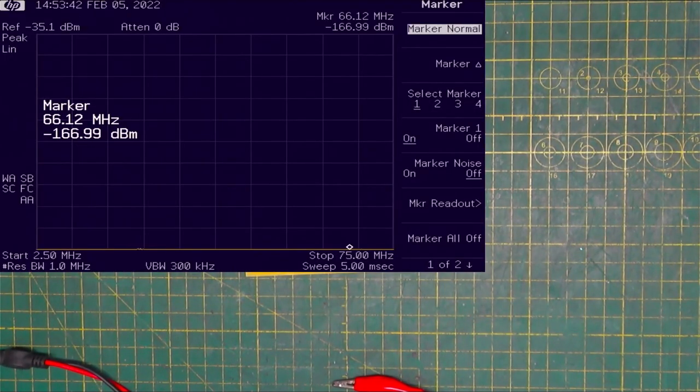As you can see on the spectrum analyzer, we're looking at the frequencies between 2.5 megahertz and about 75 megahertz, a sweep time of 5 milliseconds, and a resolution bandwidth of about 1 megahertz, because it gives a nice peak that you can see. Our base not connected is about 166 dB down, okay?